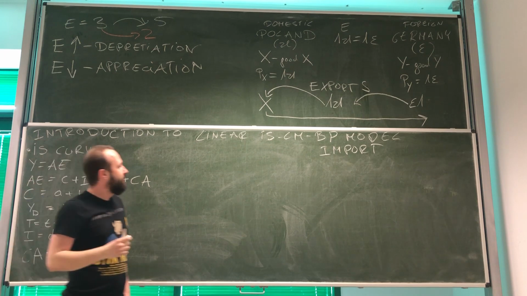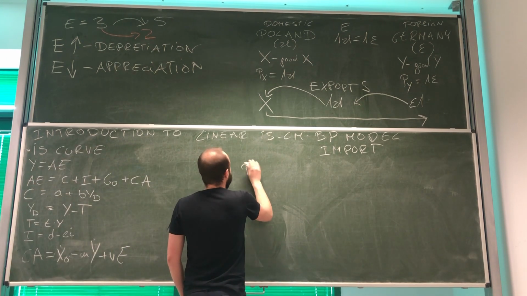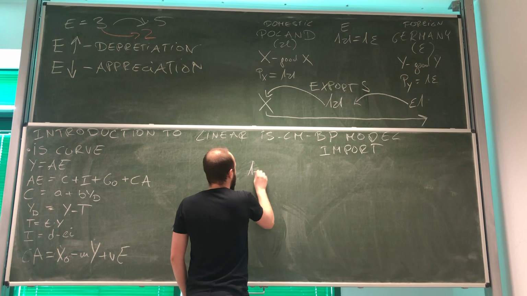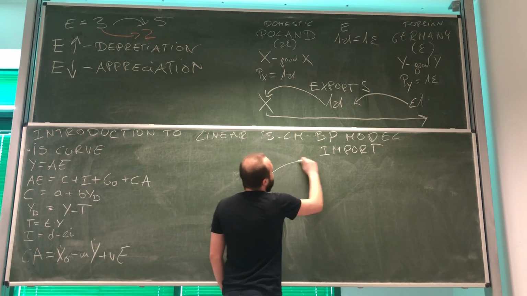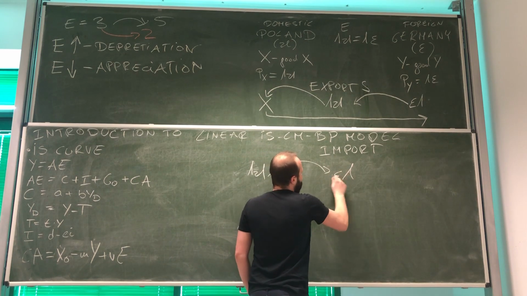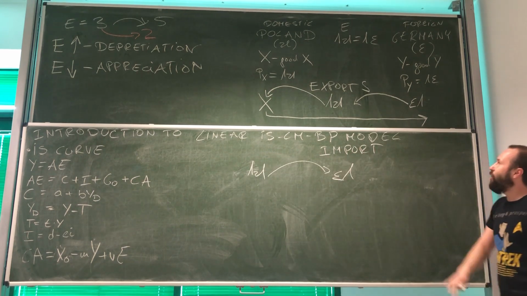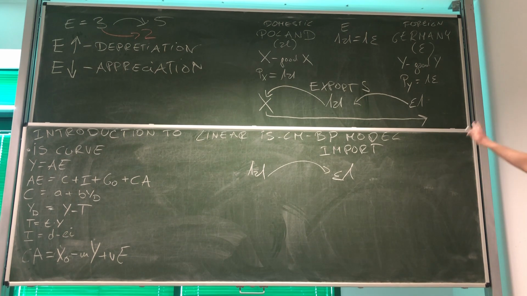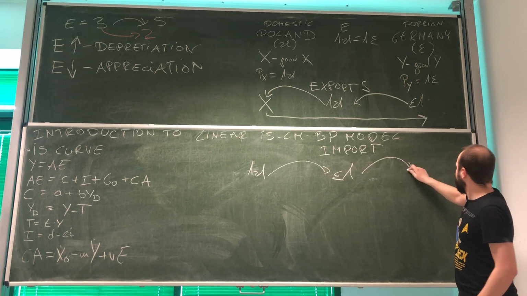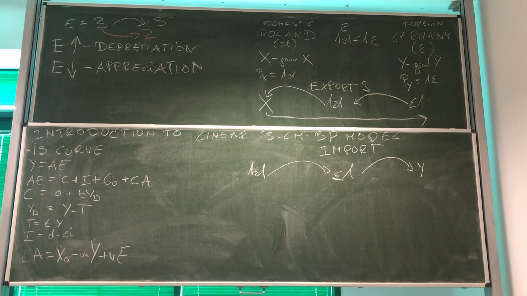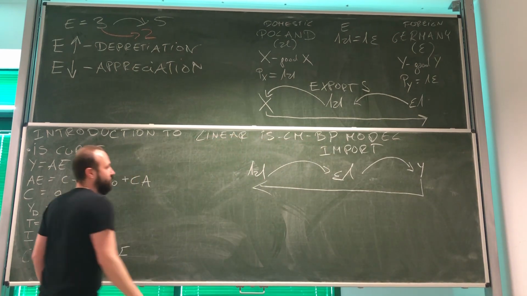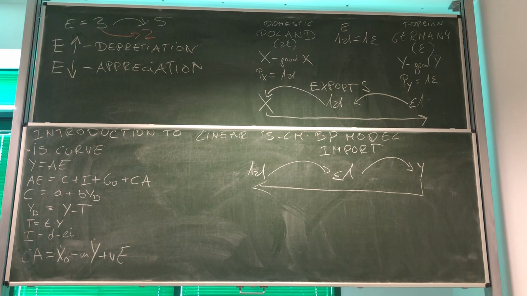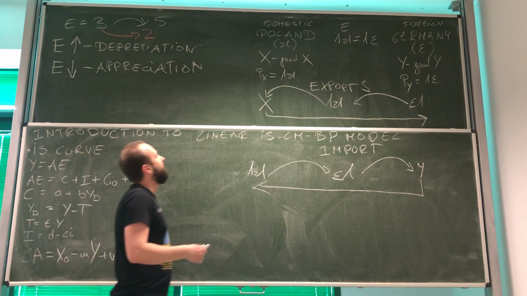So, how does it work? Well, first, person from Poland needs to take 1 zloty, go to foreign exchange market and exchange it for 1 euro. Then this 1 euro is just enough to buy 1 unit of good Y, and then good Y goes to Poland. So these are imports.